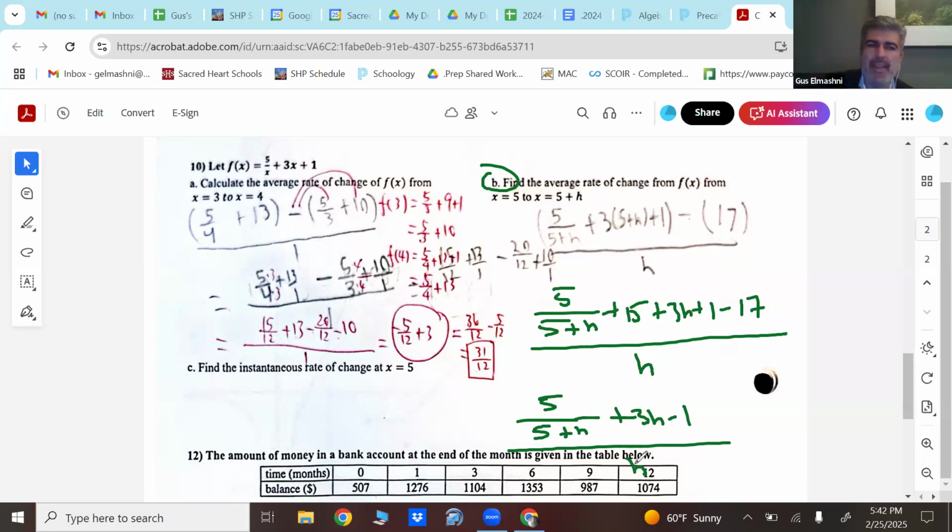Actually, I think you probably leave it like it is. I don't know how much your teacher wants you to simplify it. She usually just means as much as you can. Technically speaking, you're dividing by h. h by itself is h over 1. You could flip it, so it becomes 5 over 5 plus h plus 3h minus 1.